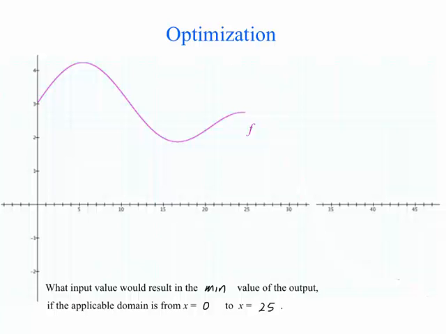Okay, so if we were coming to this problem and we had f, but we did not have the graph, can we have a system so that we have all possible candidates for, say, a minimum or a maximum?